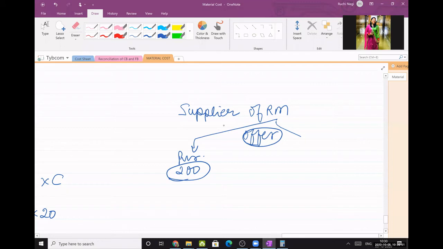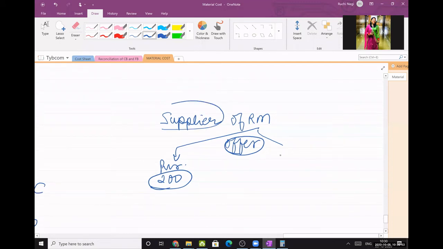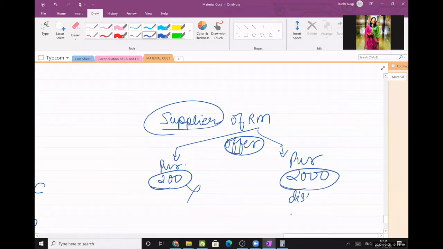What this man, the supplier, is telling me is that, madam, instead of purchasing 200 quantity at one time, you purchase 2000. You don't purchase 200. Order 2000 units in one order from me, and then I will give you a discount of how much? 2% on what? On the raw material price, obviously, because we are doing material costing.